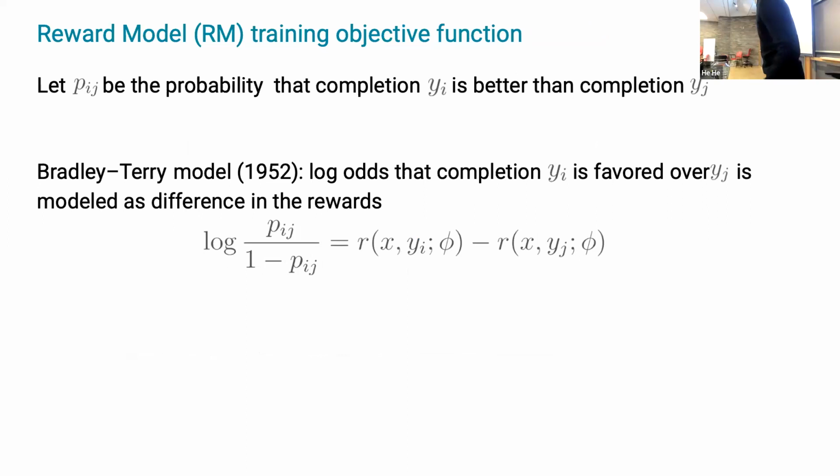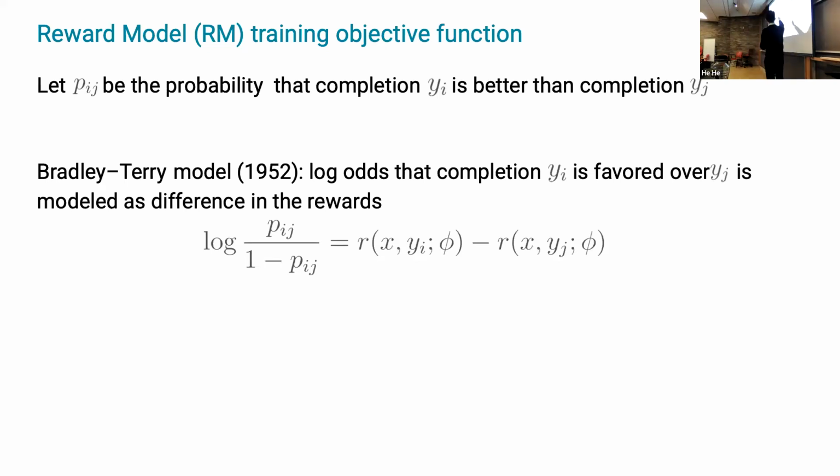Okay, yeah. Now that was the objective. Sorry, this is the objective function. Let's call this P_ij, the probability that completion y_i is better than completion y_j. We were talking about modeling the comparison, so we need to formalize this notion of the probability that one is better than the other.